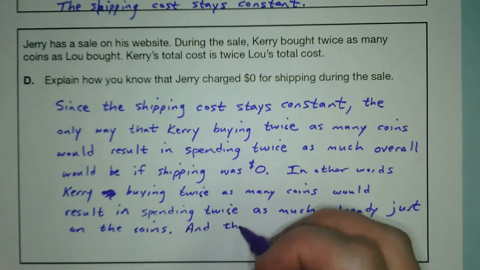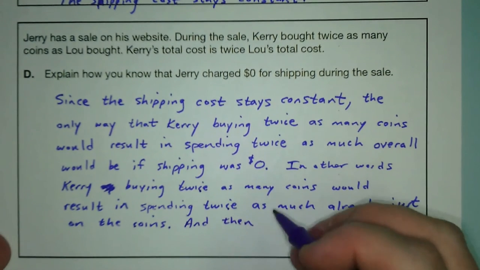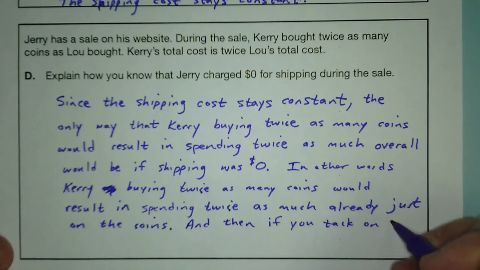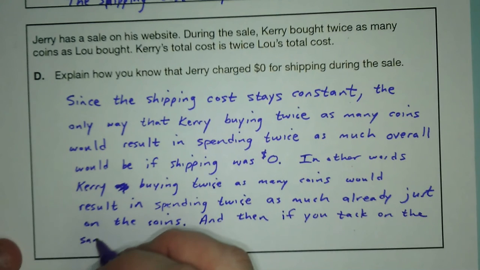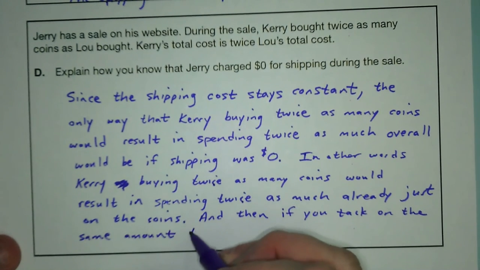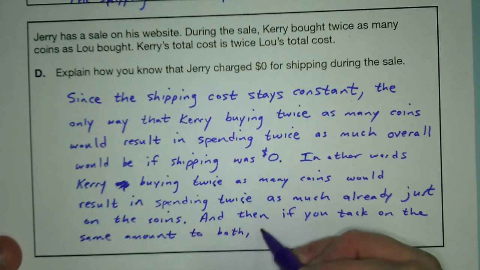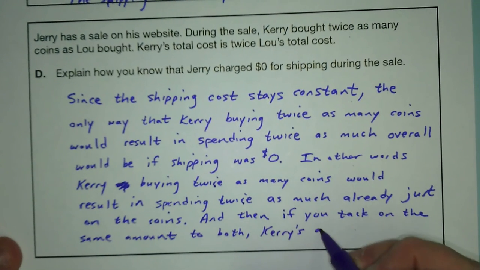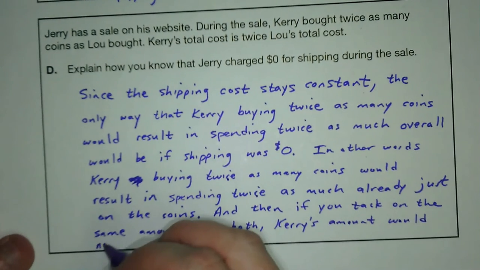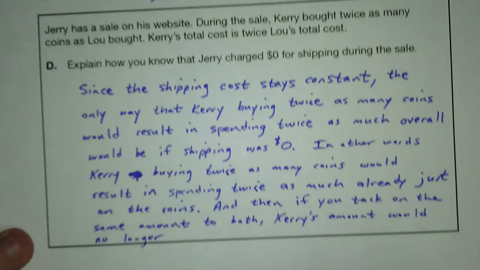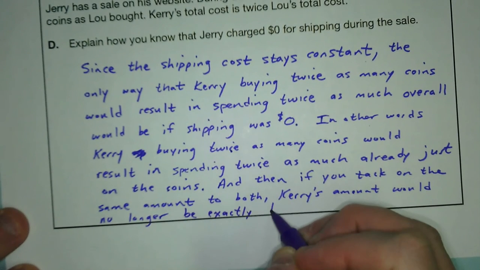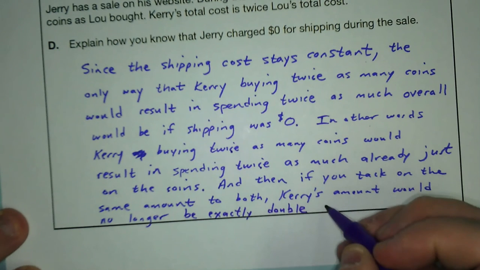And then, see, again, I'm just getting long-winded here. And then if you tack on the same amount to both, Carrie's amount would no longer be exactly double, was it Dave?